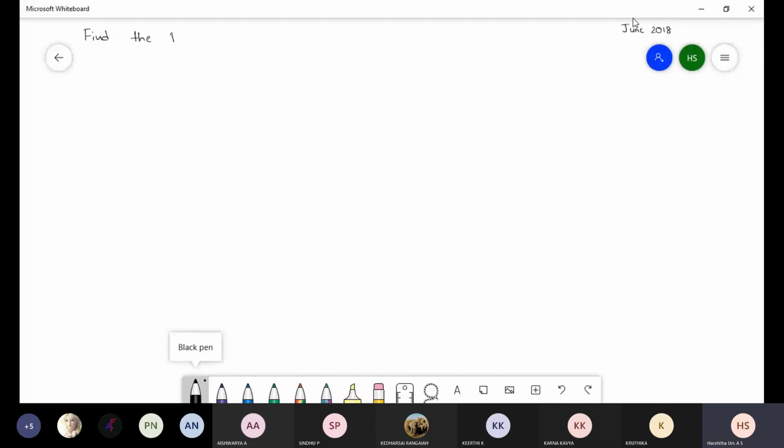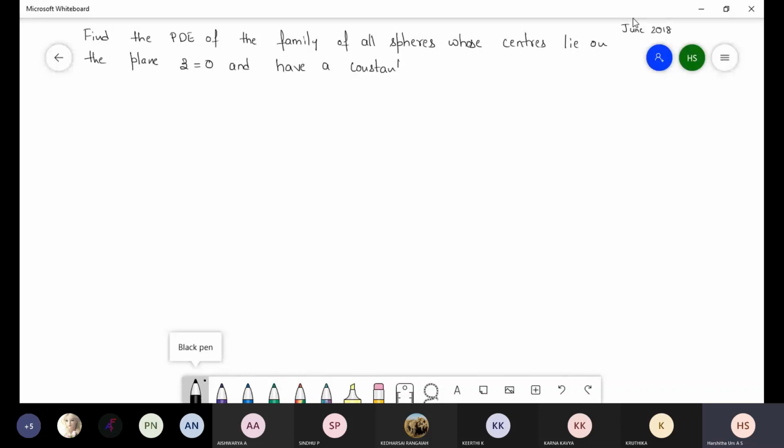The partial differential equation of the family of all spheres whose centers lie on the plane z is equal to 0 and have a constant radius r.